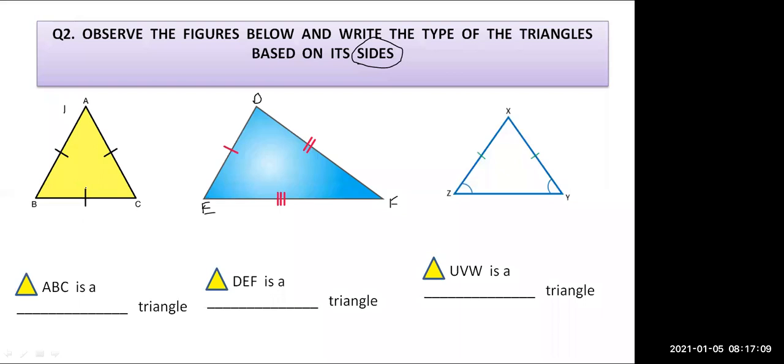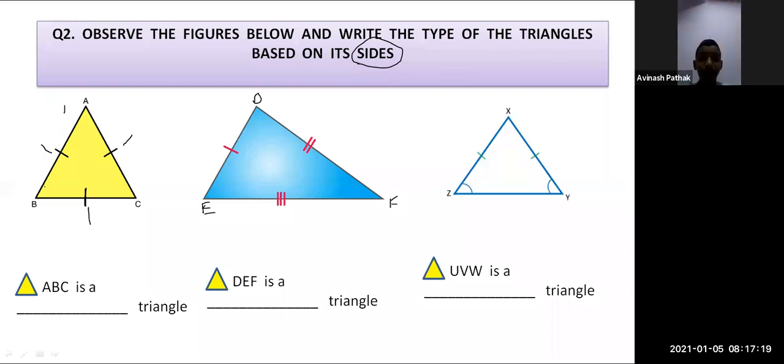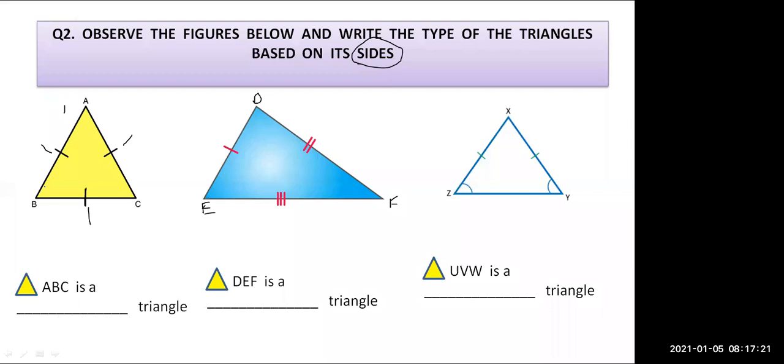Yes, very good. This line tells us all three sides of a triangle are equal, because here also there is one line, here also it is one, and here also it is one. So this one line indicates all the three sides of a triangle are equal. So we will call it an equilateral triangle. So the first triangle is an equilateral triangle.